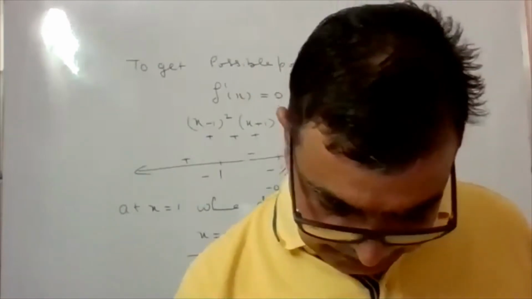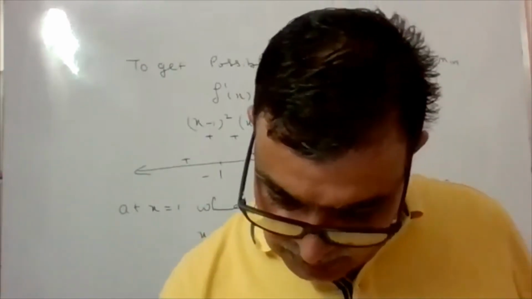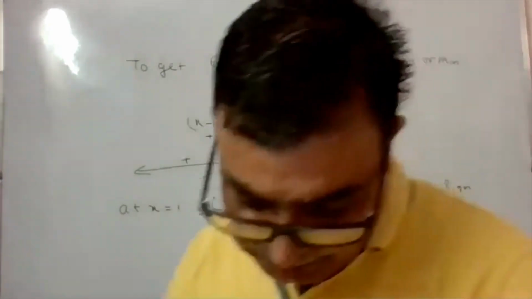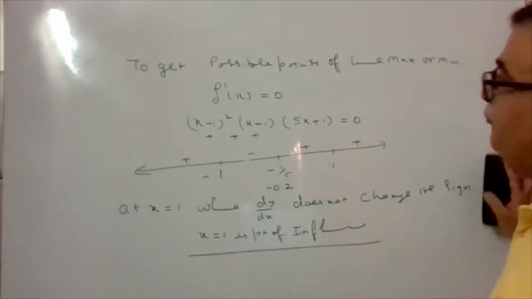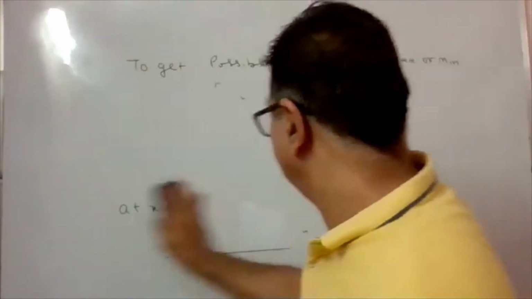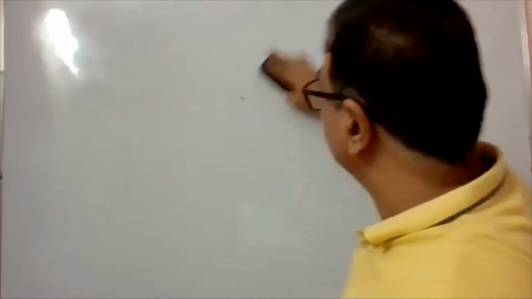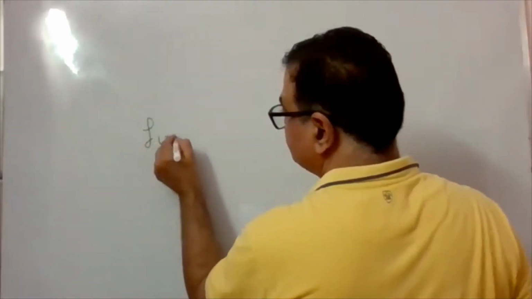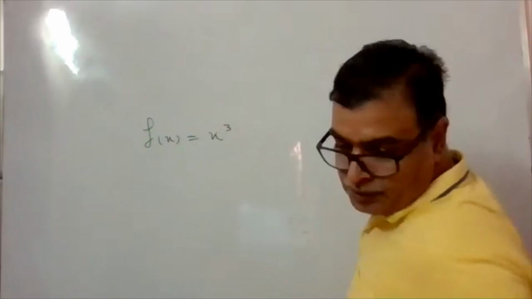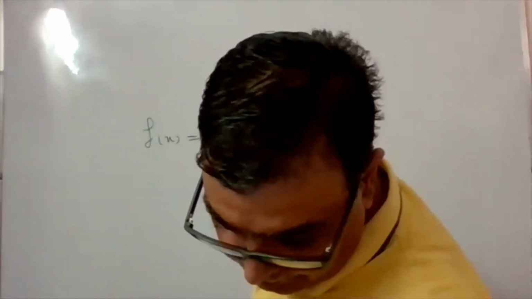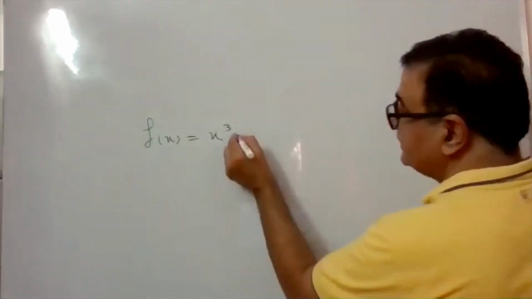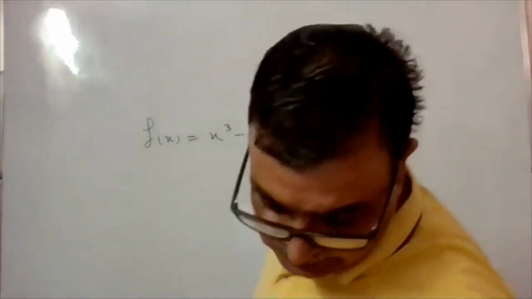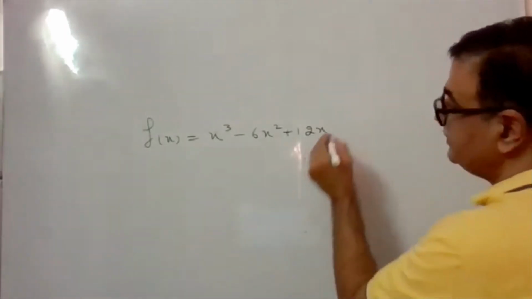Next question, please. Find all the points of local maxima and local minima where f(x) is equal to x cube minus 6x square plus 12x minus 8.